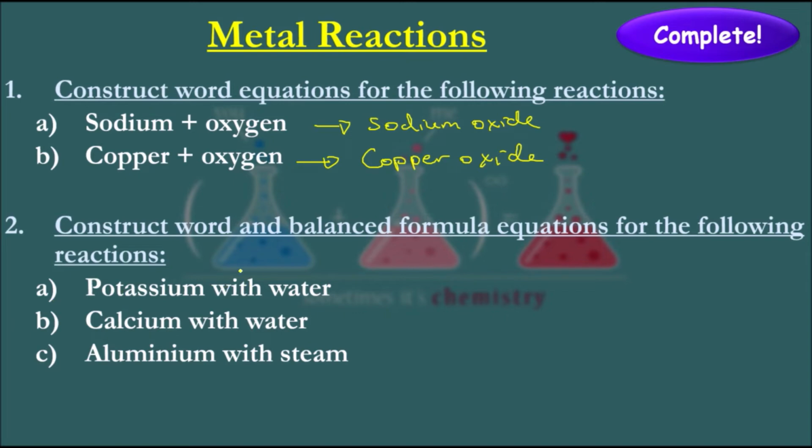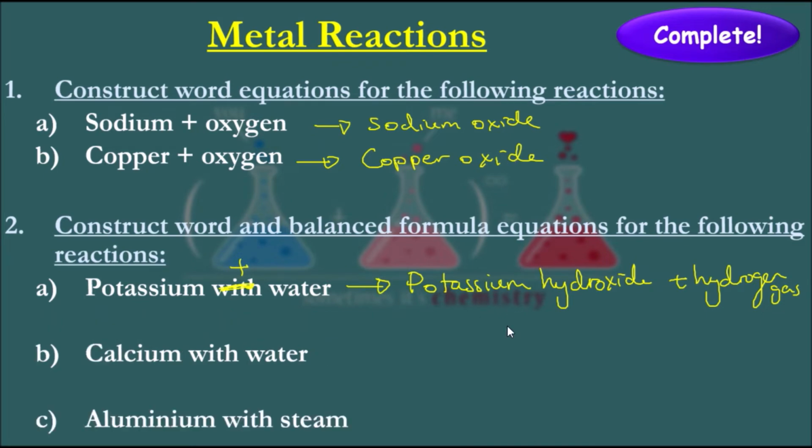Go down here, potassium plus water would give us potassium hydroxide and hydrogen gas. If I want to write down the equation, which I'll do shortly, I will do so.